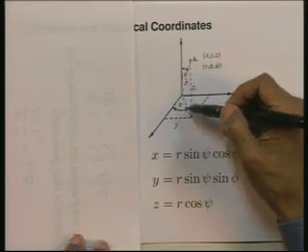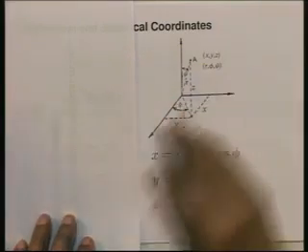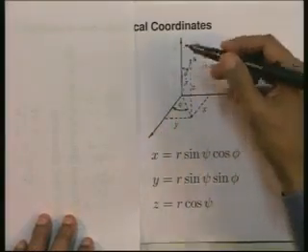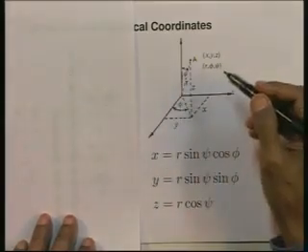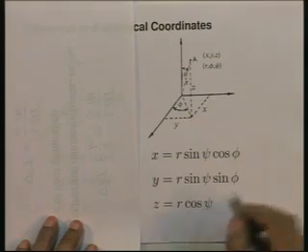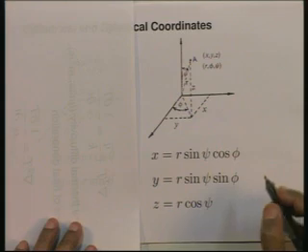Phi is the angle similar to the angle theta in the cylindrical coordinate system, measured in the xy plane, and psi is the angle made by the radius r with the vertical direction z. Psi is called the zenith angle and phi is called the azimuth angle in the spherical coordinate system.